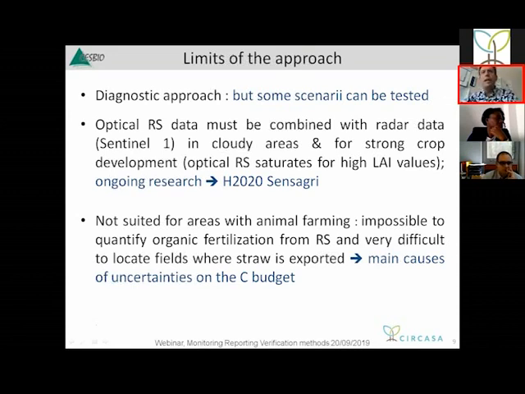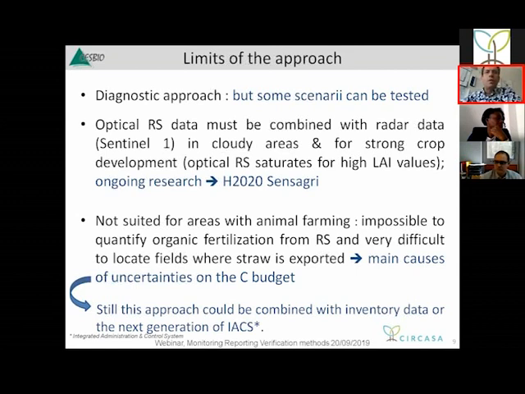So those are the main causes of uncertainties on the carbon budget estimates. But this approach could be improved by combining it with some inventory data at the field scale, like by using the IAX, the next generation of the IAX data that the European Commission is using.